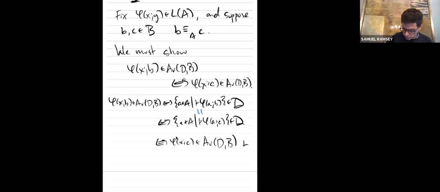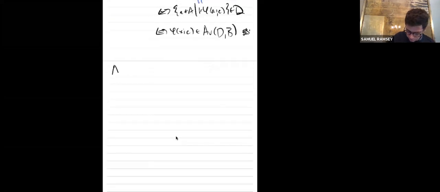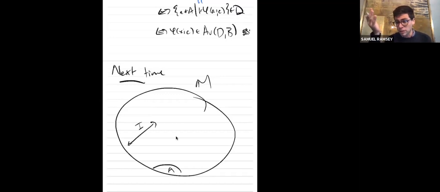Okay, so now what is our strategy going to be? This is just for next time. We're given our monster model. We've got some set A, and we've got our given sequence I. And we want to find some indiscernible sequence J, A-indiscernible, which closely resembles I in the sense that it realizes the EM type.